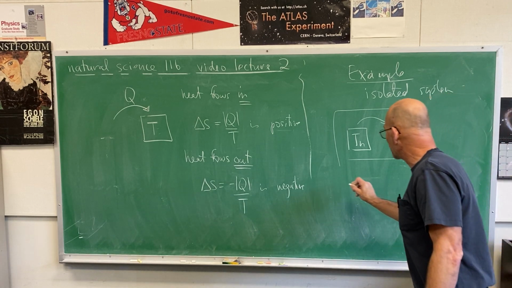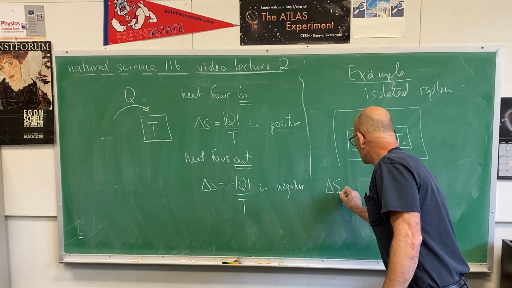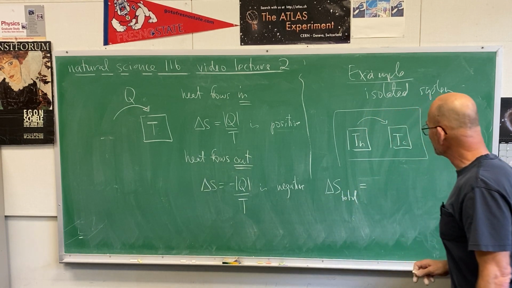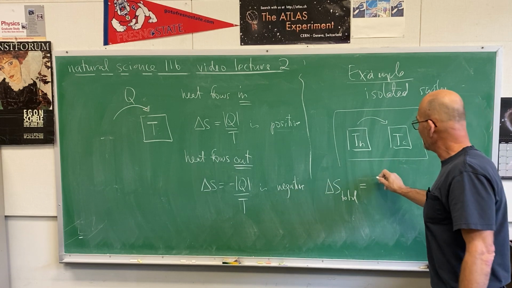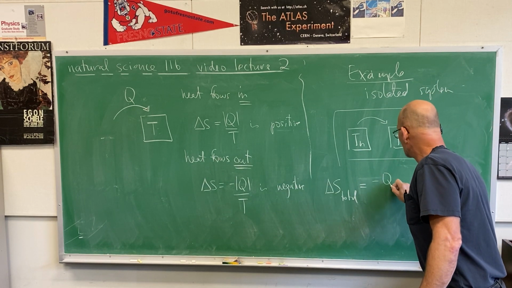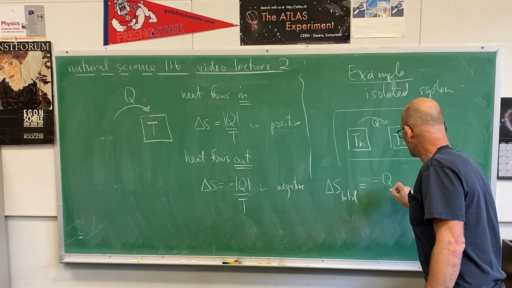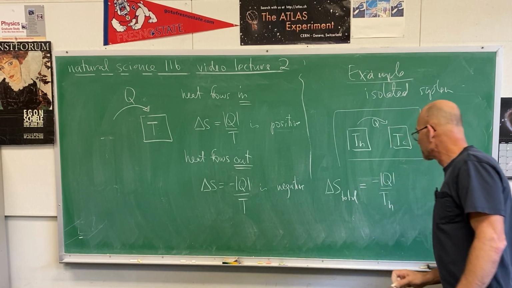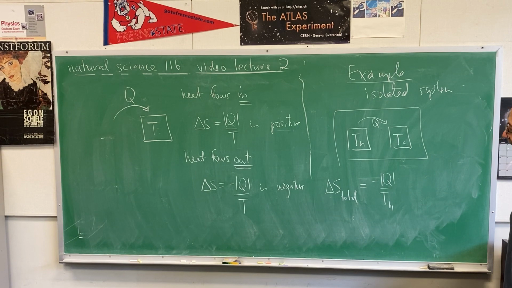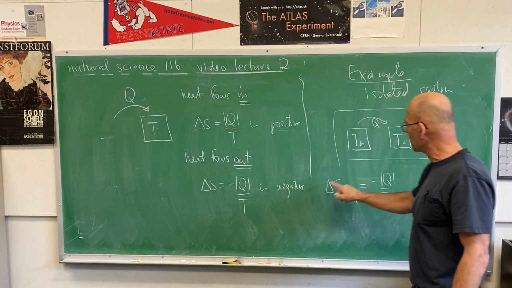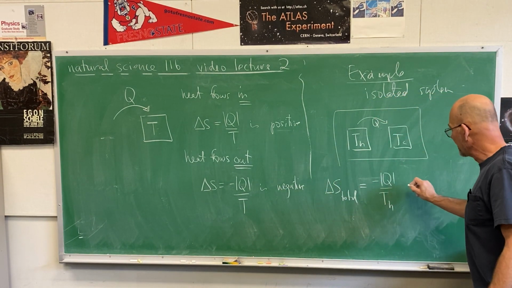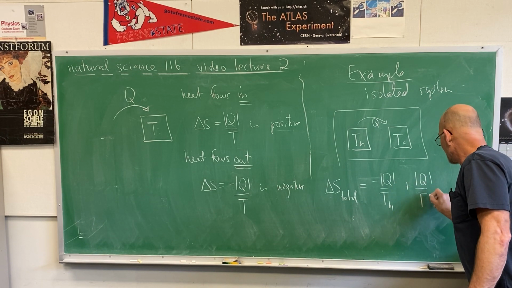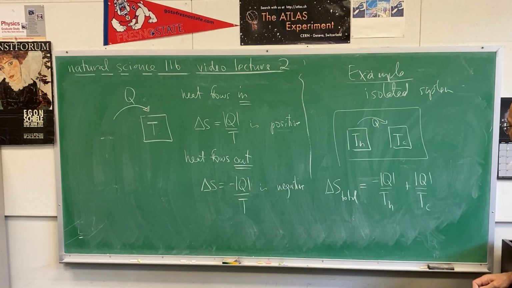And delta S total now is going to be equal to the minus Q, by the way, there's a Q right there, minus Q over TH, because heat is flowing out, so there's a negative one. Heat is flowing out of the TH side, and it's flowing into the TC side, okay.